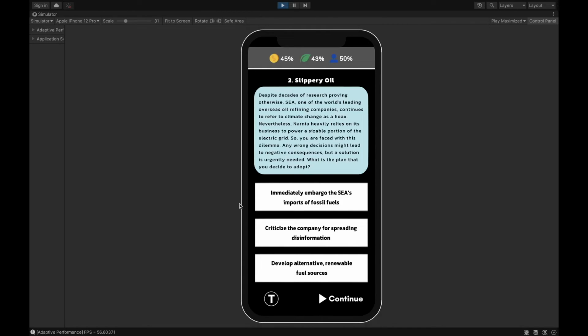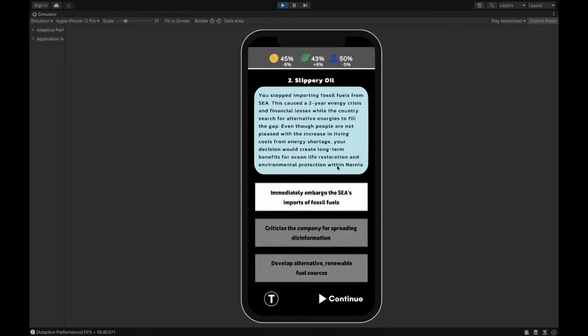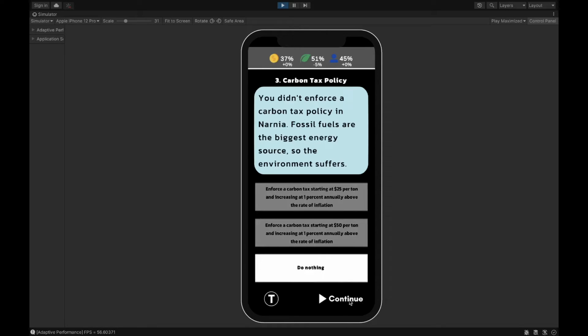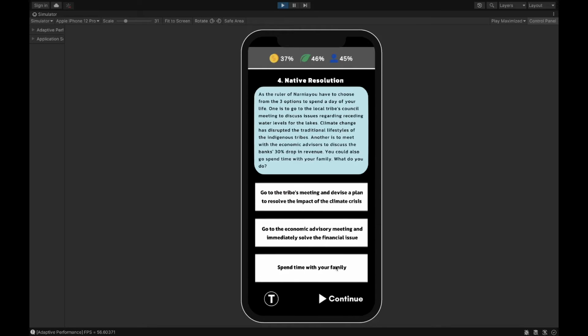And so for slippery oil, I believe immediately embargo will be a bit of a negative outcome. We can go ahead and do nothing. Not only doesn't increase anything, but decreases the environmental score.